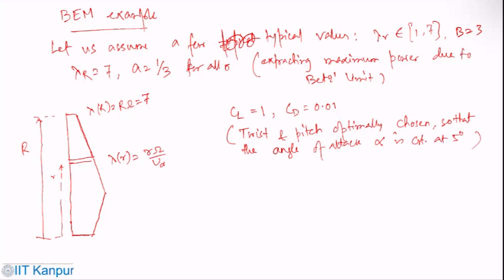So that is something now. Here a prime is a 1 minus a by lambda r square, 2 by 9 into 1 by lambda r square.